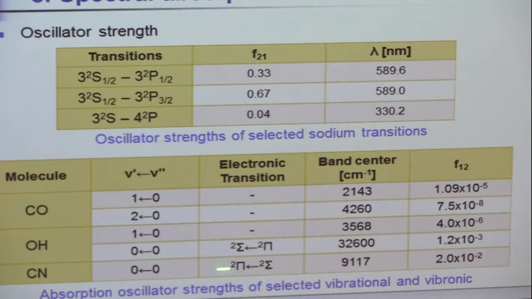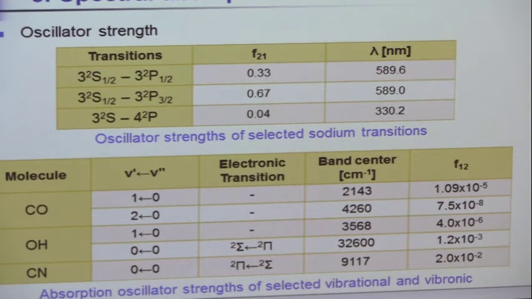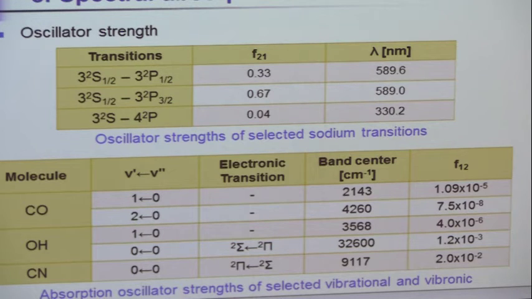For a diatomic radical, the absorption strength for CN is really big. Oscillator strength of 2%. So the oscillator strength F, which is used more in the UV, is a simple way to characterize the relative strength compared to the classical limit. When you're dealing with ro-vibrational transitions, the numbers are smaller, but that doesn't mean it's not useful. It just means that it's small on that scale.